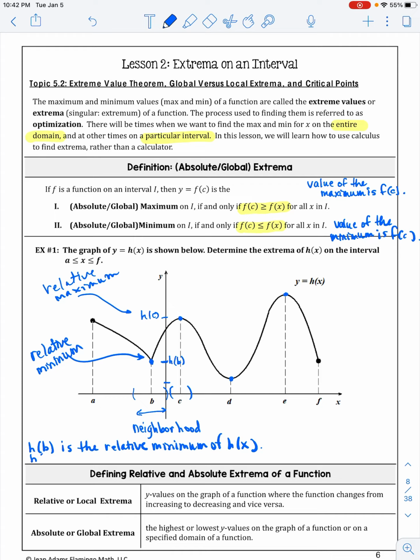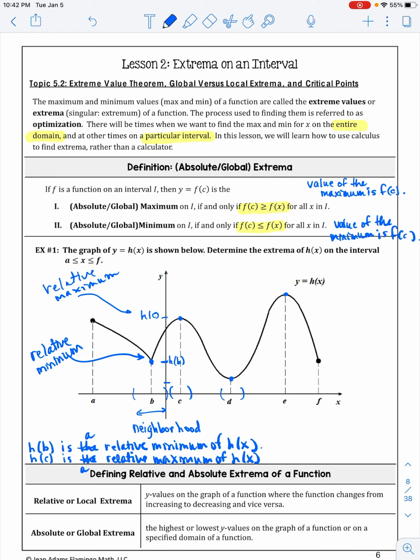So we could say that h of c is the relative maximum. I'm saying it could be, right? Because the word relative, as long as it's in the neighborhood, any of these in the neighborhood could be considered that.